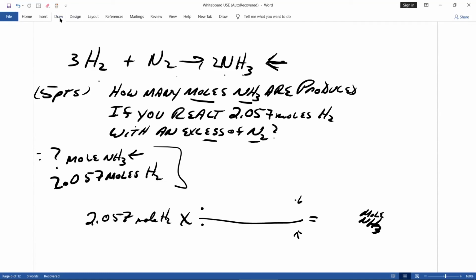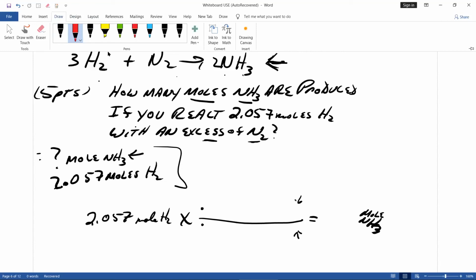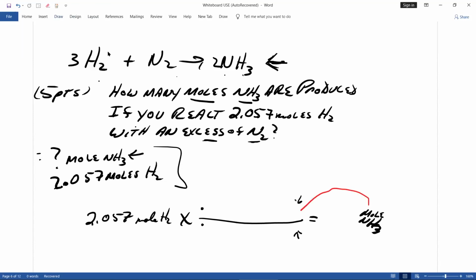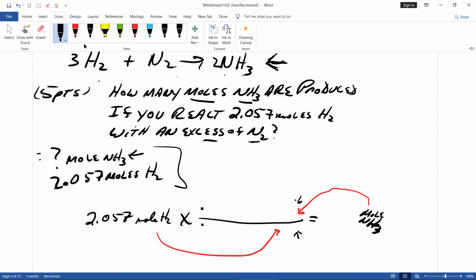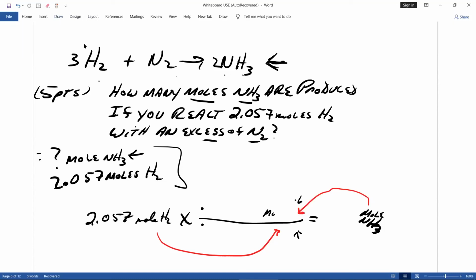Use your good buddy, your good friend unit analysis. Whatever units I'm trying to get to, go on top of the ratio. Whatever units I'm trying to get rid of, go underneath at the bottom of the ratio. And now I can write them in. I want on top moles of ammonia, NH3, and underneath I want moles of hydrogen.